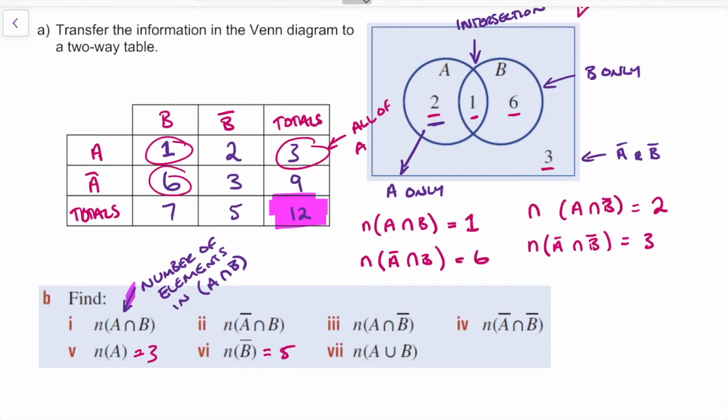Okay, in not B there's 5. And now we want A union B, so we actually want all 3 of these put together. Okay, so 2, 1 and 6, that's going to be 9. Alright, so that's how that one is working.